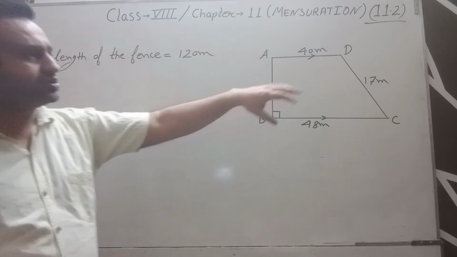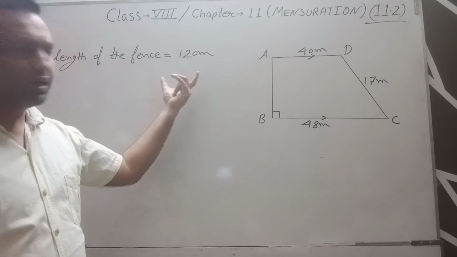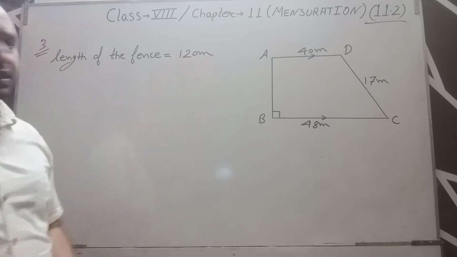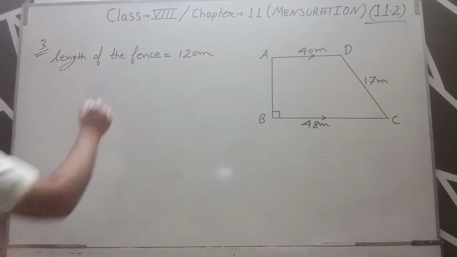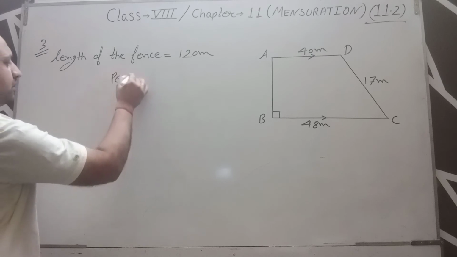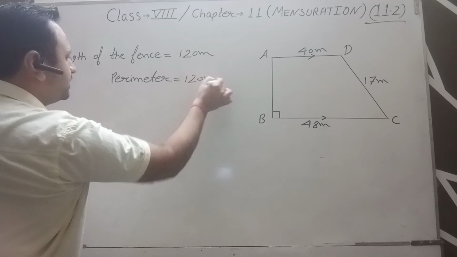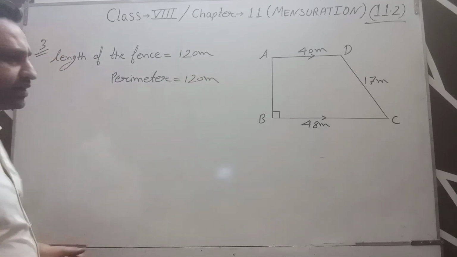Fence means the boundary that we covered, so its length is 120 meter. It means we consider it a perimeter. Perimeter is equal to 120 meter, and perimeter means the length of the boundary.